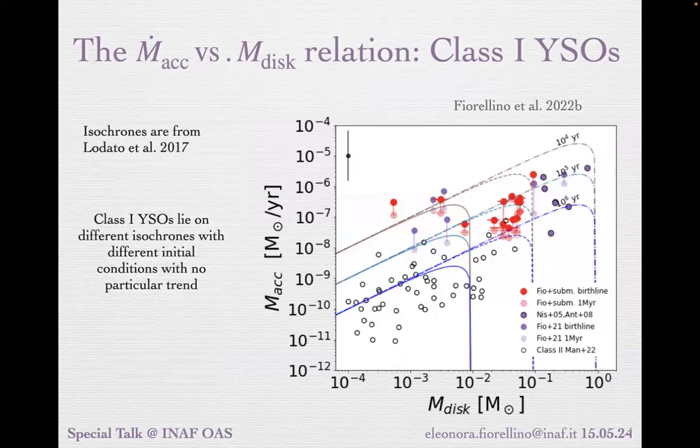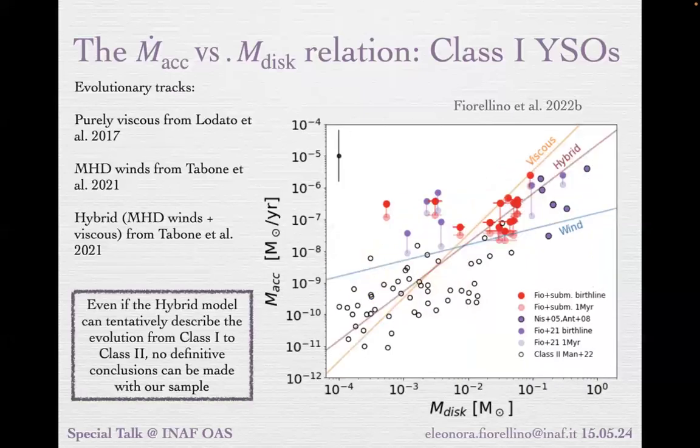We investigated our sample with the isochrones, looking for the initial conditions. Basically, isochrones are loci in this diagram that can give you the initial disk mass needed to get those objects here. For example, in this case, our initial conditions spread from 10 to the minus 2 to 1 solar masses.